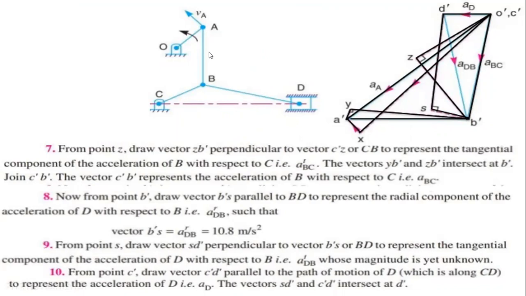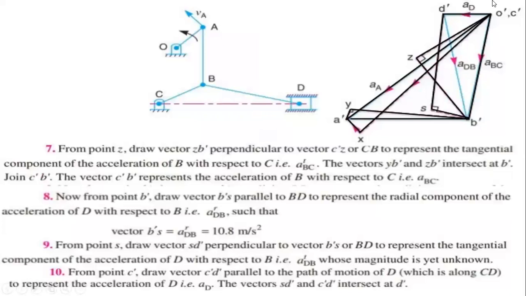Next, from the point Z, draw the vector ZB dash. This ZB dash is perpendicular to CB in the space diagram. So this is the CB line, and from this line we draw the ZB dash, which is perpendicular to the line CB.